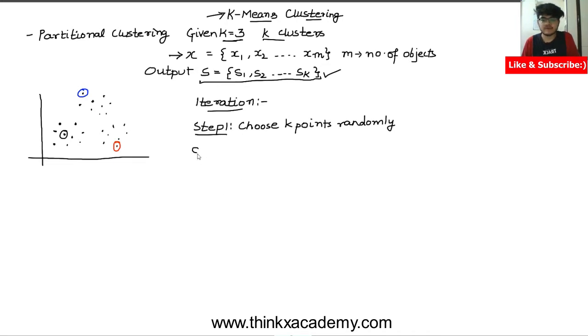So what is step 2? In step 2, what we do is we try to find out the distance between the points that we have chosen with respect to other points, and if the point is near to it, or if the distance is smaller, we say that it belongs to the same cluster.